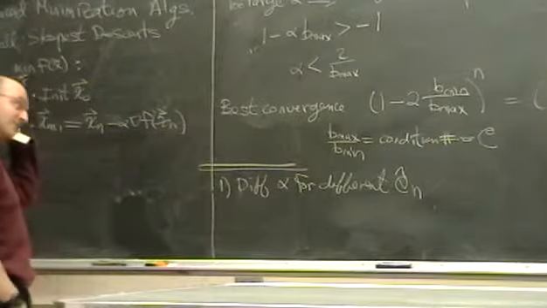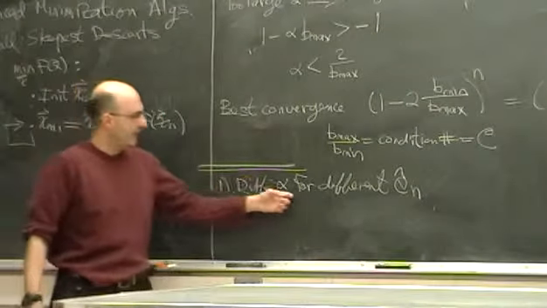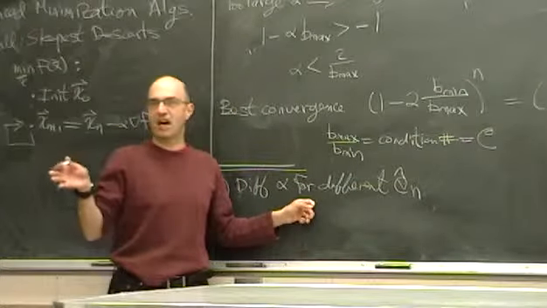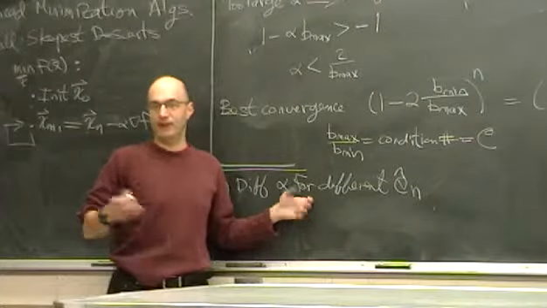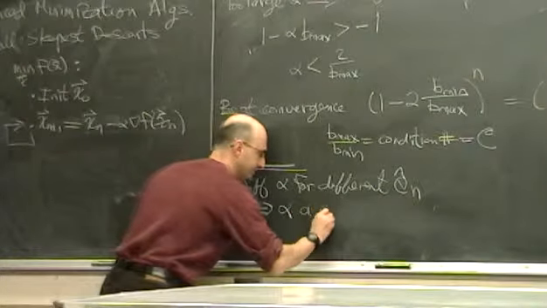Now, if you think about that, what he's really saying is alpha can't be a scalar. It has to have a different action on the different eigenvalues. Well, that just means, basically, alpha is a matrix.